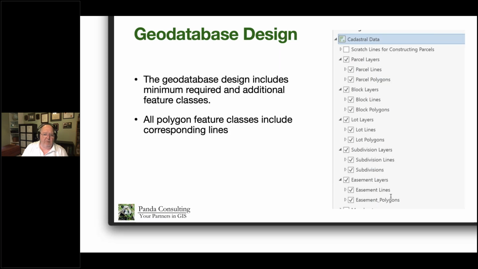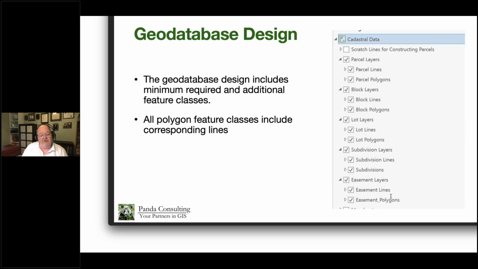For example, with parcel polygons, we want to include not just the polygons, but also a supplemental feature class called a line feature class, on which we can memorialize any COGO information that was used, or at least memorialize the lines that were used to create those polygons. So we have some way of looking back at how we came up with this polygon that represents that overall taxable area.